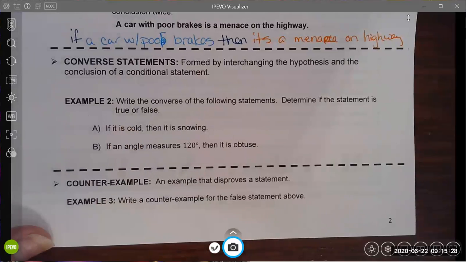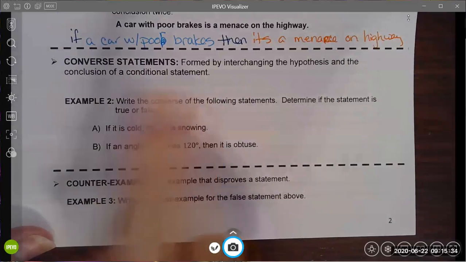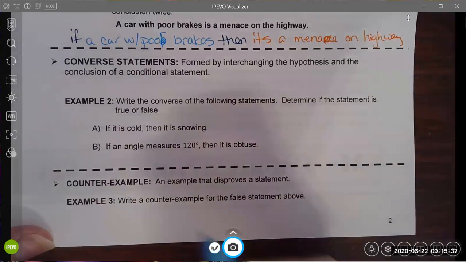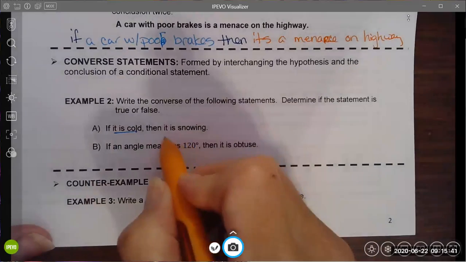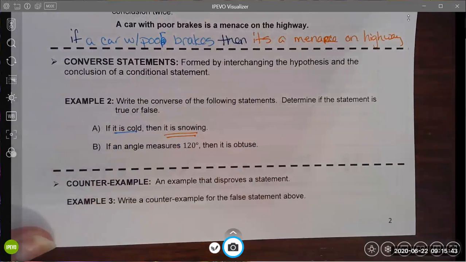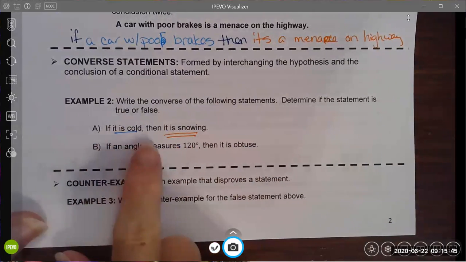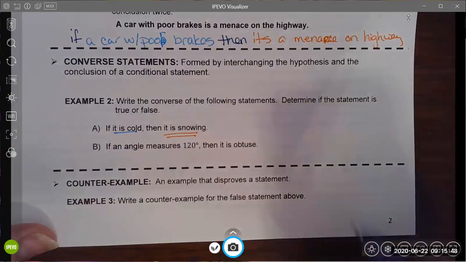Okay, so in example 2, we are being asked to write the converse of these two statements. The first one is the one that we saw up above in the definition of conditional statement. And we identified up there that this is our hypothesis, and this is our conclusion. Again, reminding you that we don't use the word if and then when we identify those parts.